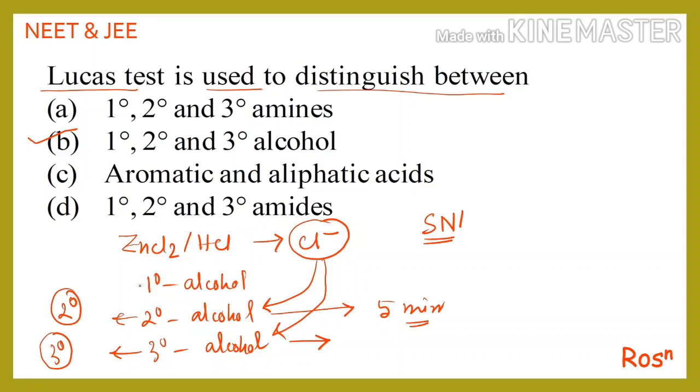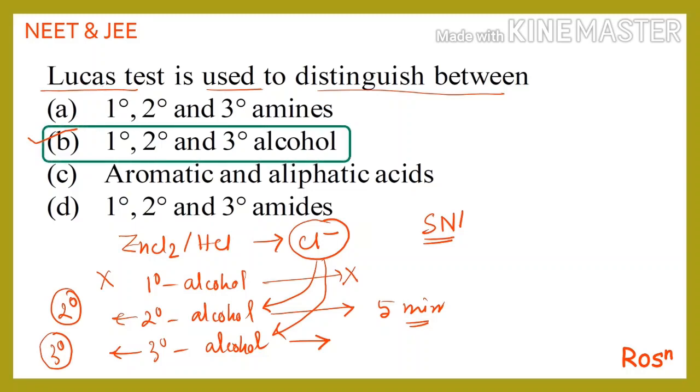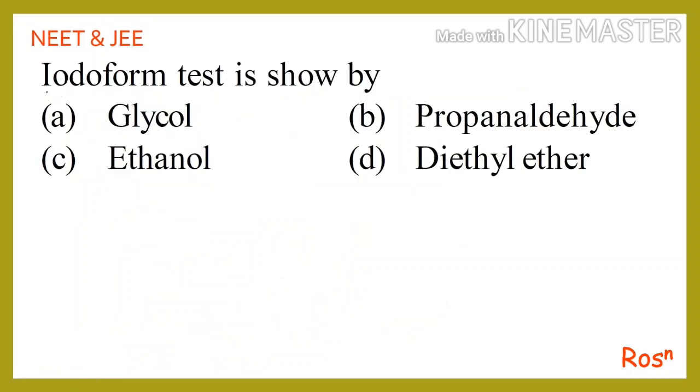Okay, and the 1 degree carbocation is not formed, so this reaction is not possible. So the 1 degree alcohol does not give any turbidity. Clear? So the Lucas test can easily distinguish the 1 degree, 2 degree and 3 degree alcohol. Let's see the next problem.